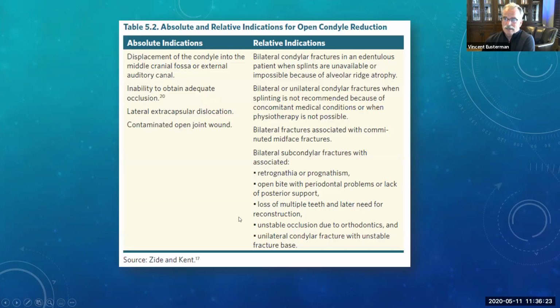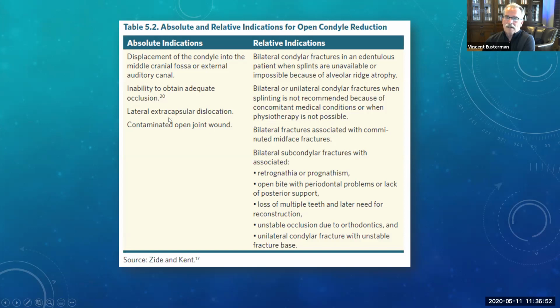There are absolute and relative contraindications to opening the condyle to treat, and that is a fairly old classification, but it still rings fairly true. Absolutely, if a condyle is displaced into the middle cranial fossa, or if you cannot get the occlusion together, it's important to open.